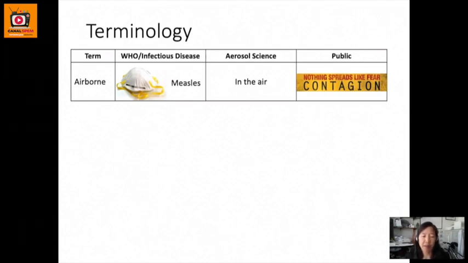To the general public, airborne can convey fear and evoke fear and panic. People think of the movie Contagion, which is like Jaws, but for infectious diseases. I want to emphasize that there are big differences between healthcare settings and community settings in terms of the types of exposures that people have and environmental factors that influence transmission.